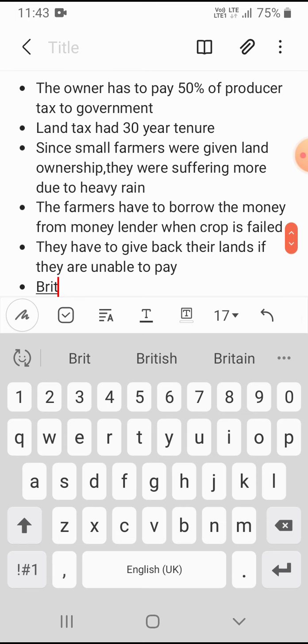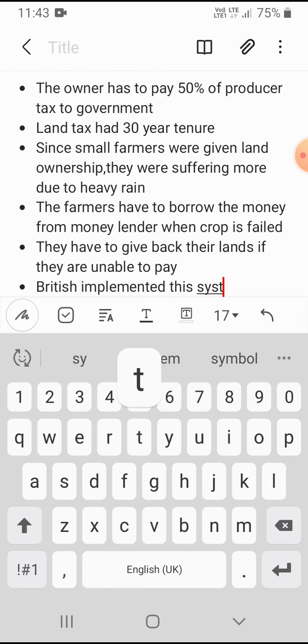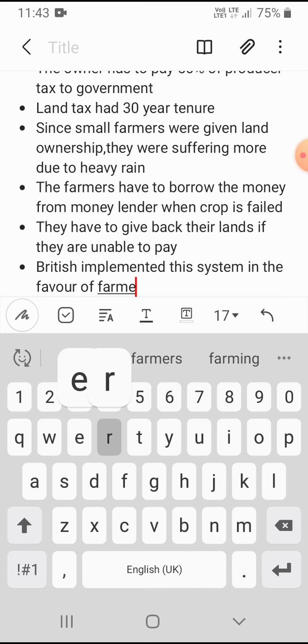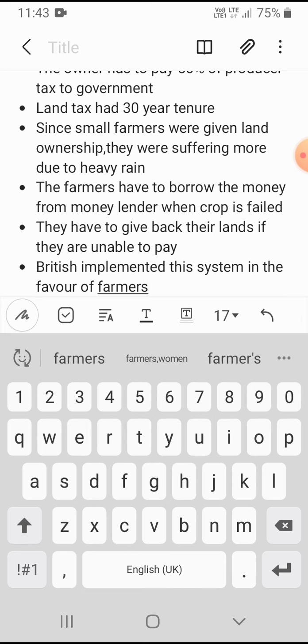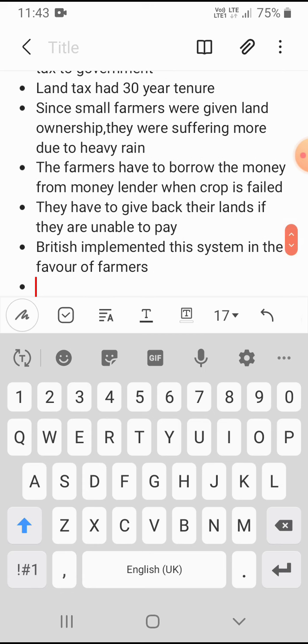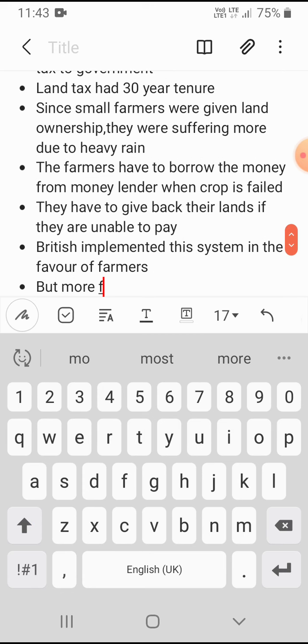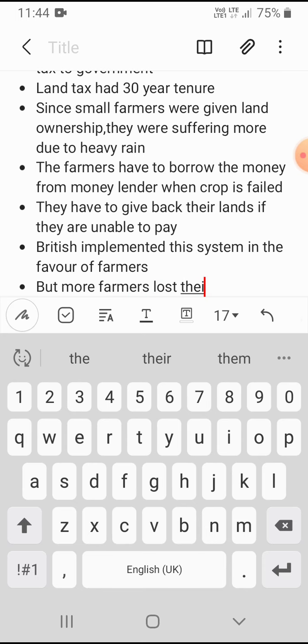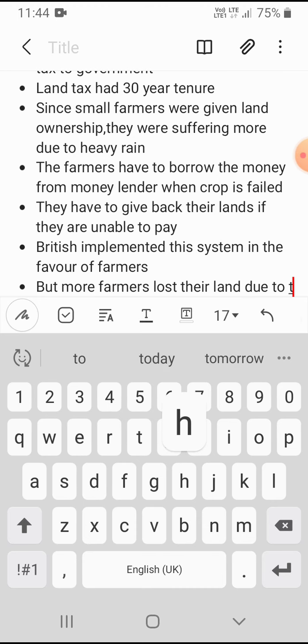The British implemented this system in favor of farmers, but more farmers lost their land due to this. More farmers have lost their land.